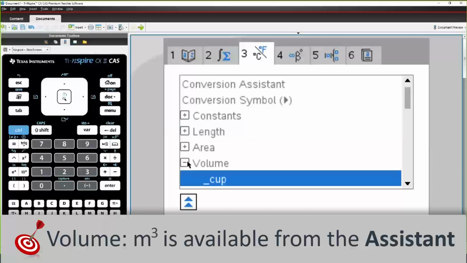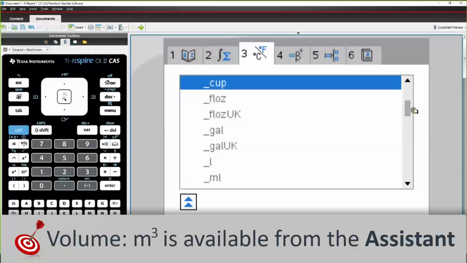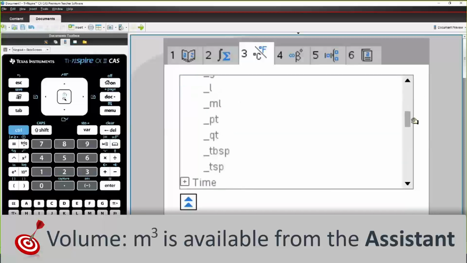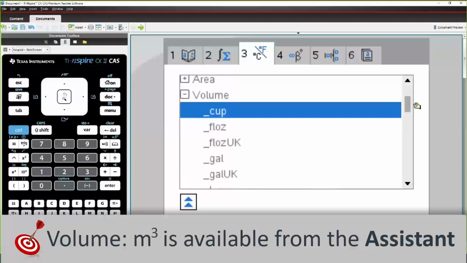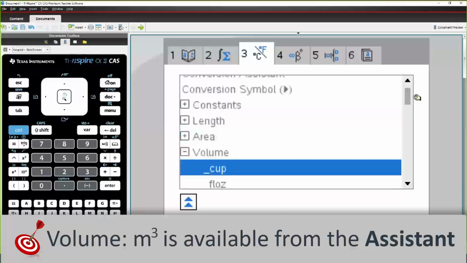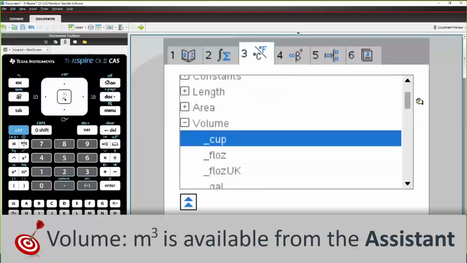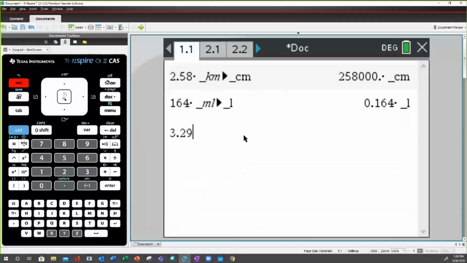So under volume, you can see you've got cups, gallons, litres, millilitres, pints, tablespoons, teaspoons. Great for if you're cooking. You don't need your phone. You use your CAS. However, it doesn't have what we need, which is metres cubed.